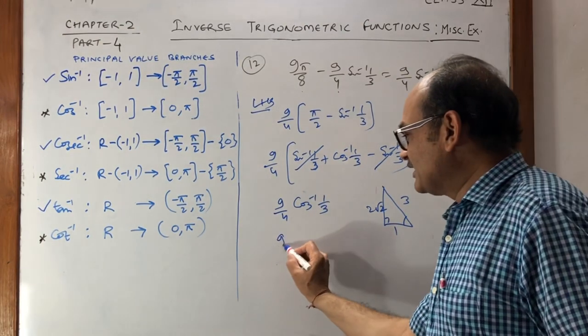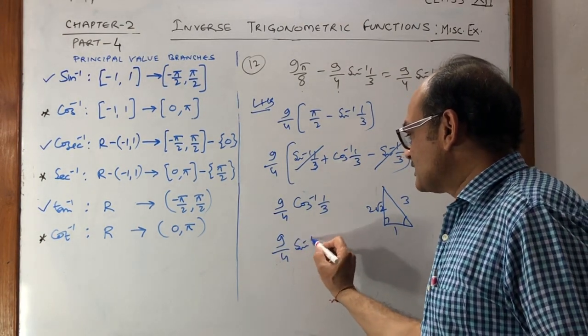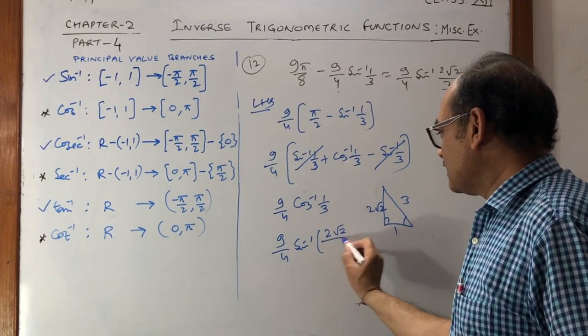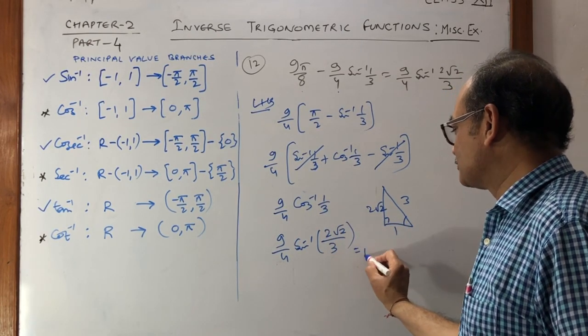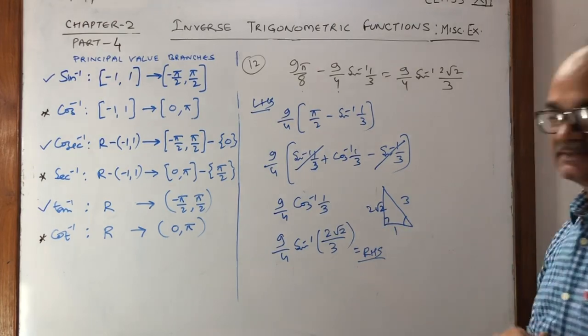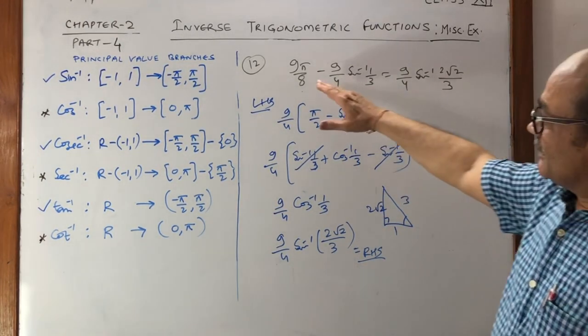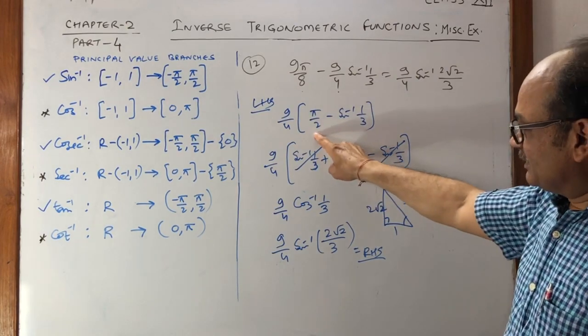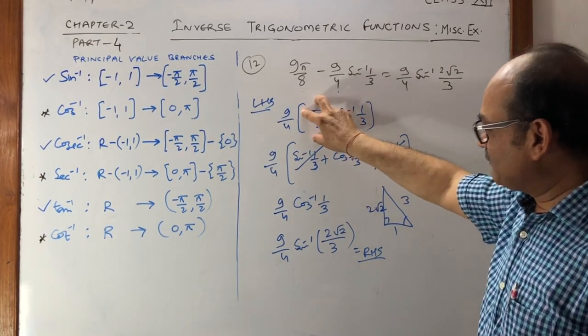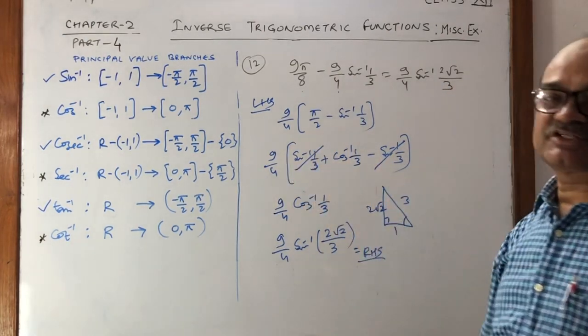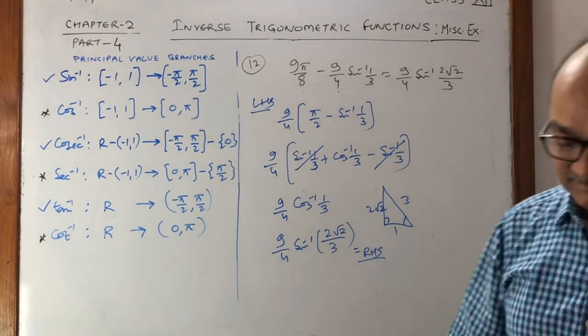So here we can write 9 by 4 sin inverse of perpendicular by hypotenuse, equals RHS. Good question. 9 by 4 is common, pi by 2. This is the turning point. For pi by 2, we are writing from our side these two just to cancel out sin inverse 1 by 3. Correct?